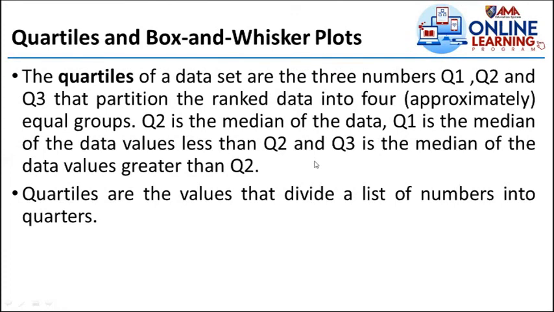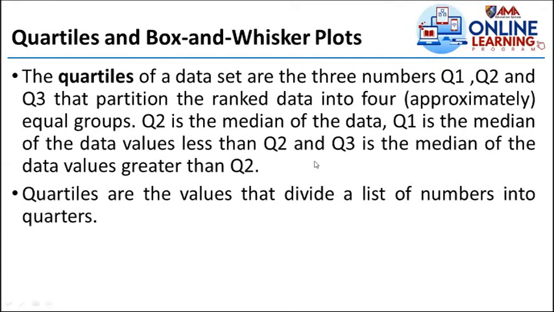Next, we have your quartiles and box and whisker plots. The quartiles of the data set are the three numbers Q1, Q2, and Q3 that partition the ranked data into four approximately equal groups. How are we going to have that one? Sabi dito, Q2 is the median of the data.